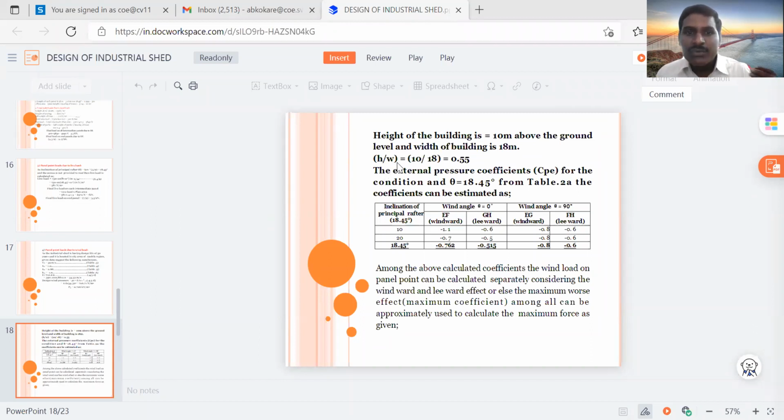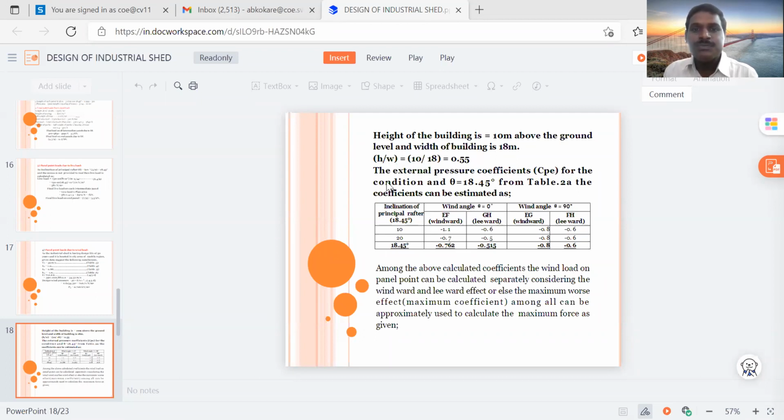In the theoretical part, we have seen one of the tables for this given H by W ratio. For this particular H by W ratio, on page number 16 of IS 875 part 3, the external and internal coefficients are given. The H by W ratio is 10 by 18, so 0.55.